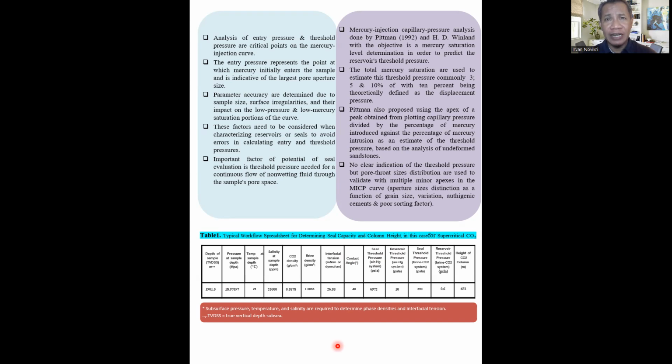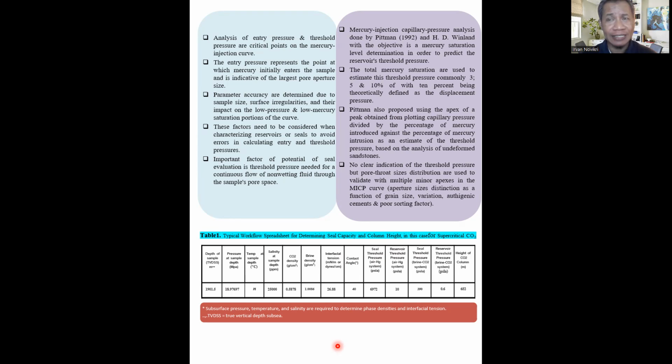Another thing that we can learn from this table is information on the methodologies used in the analysis of seal capacity and characteristics for different areas. The primary techniques employed include MICP, SEM with energy dispersive X-ray analyzer, EDS, EDX, XRD, and also cell volume determination.